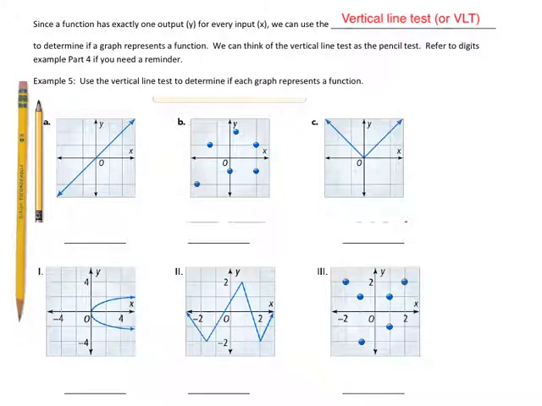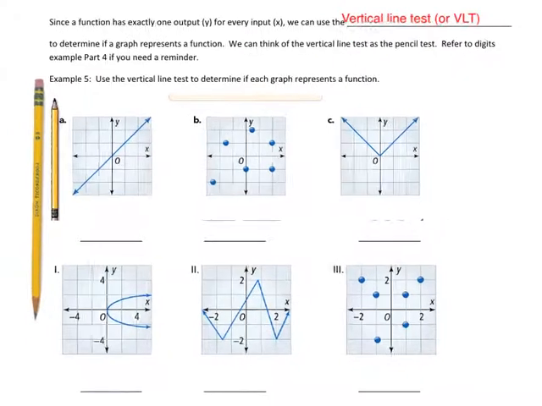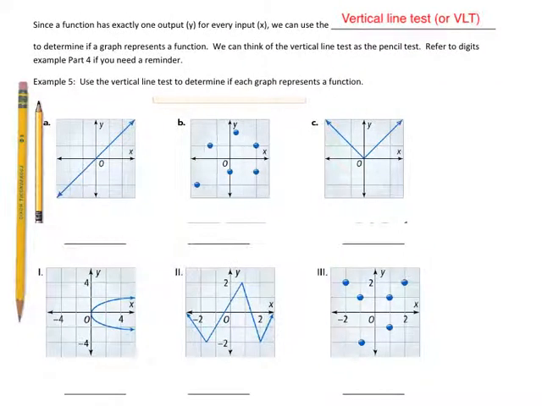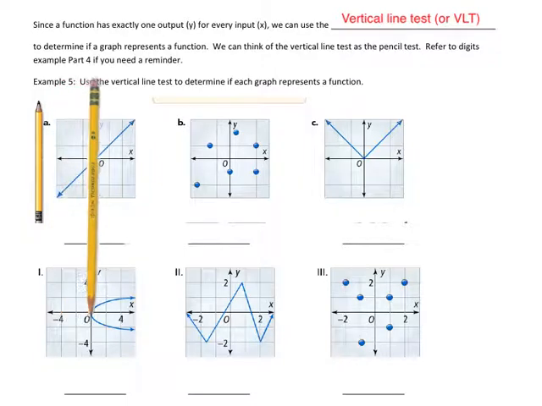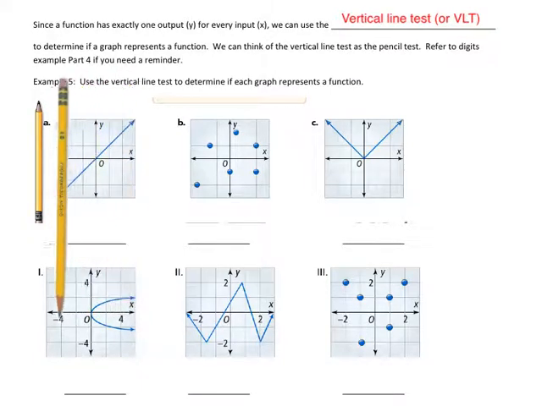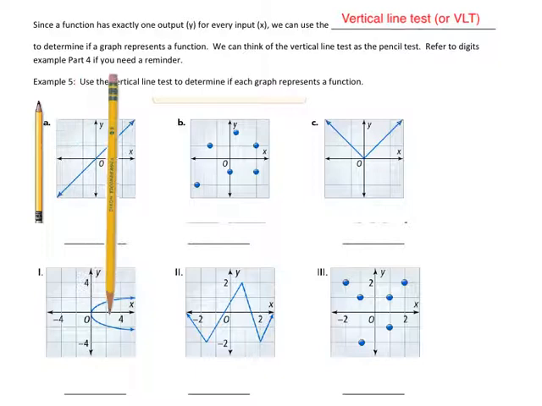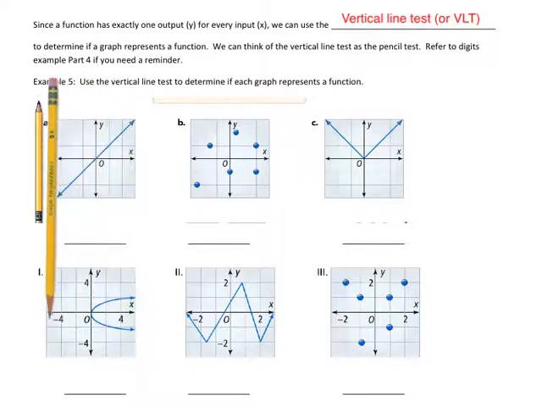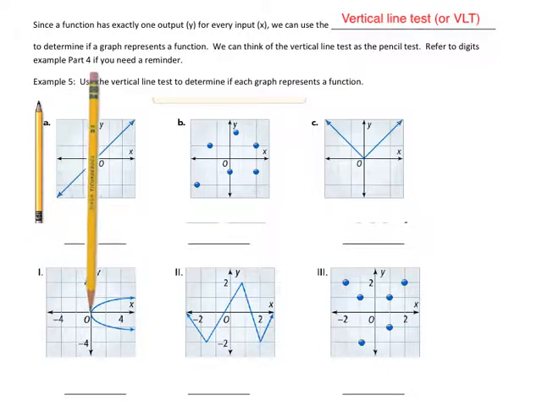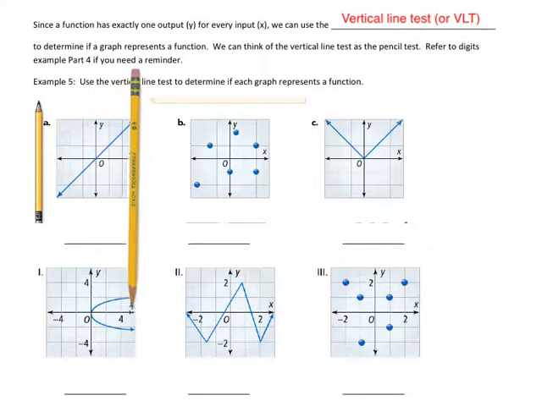So what we do is we take our pencil and slide it across the graph. As I do that, I want to see, does the pencil hit the graph in more than one spot?